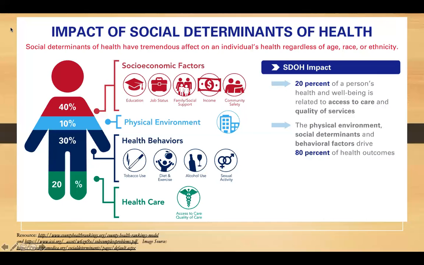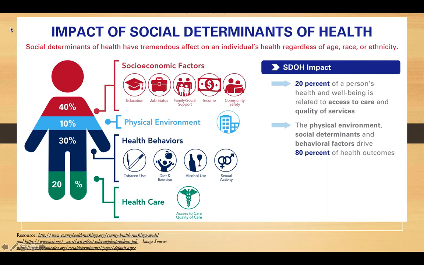So I thought this was an interesting visual to share with you guys. This kind of talks about each category and how big of an impact that has on our health and our well-being. So socioeconomic factors is the biggest one. It has a 40% effect or influence, I should say. This is again your education, your job status, family, social support, income, and community safety, as we just discussed in the last slide.